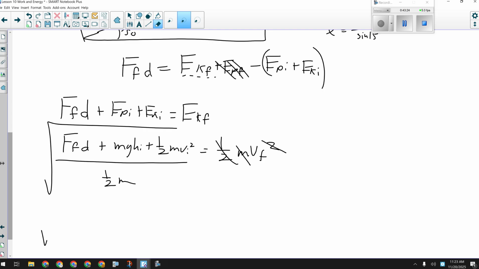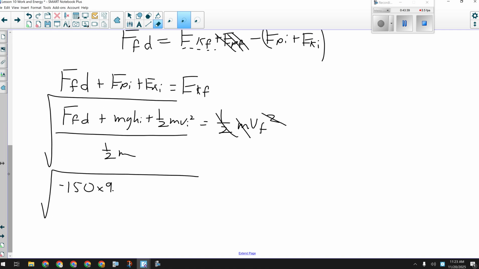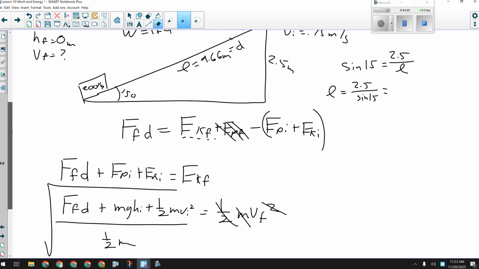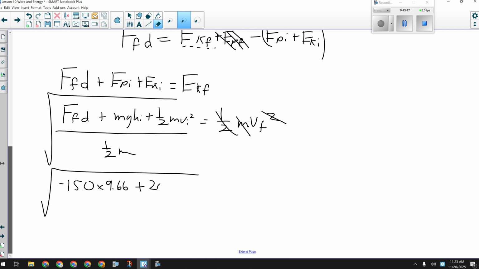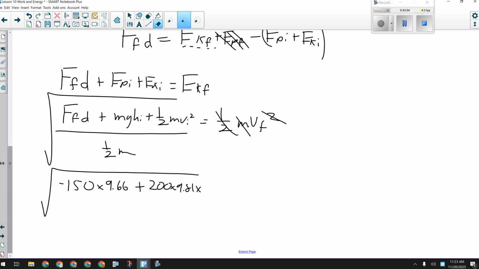Okay, so now I just need to plug in my numbers. All right, so the force of friction was 150 newtons. But we said that needs to be negative, because it's going to be doing work that takes energy away. All right, and I'm going to multiply that by the length of the ramp, which was 9.66, right? Then I'm going to add that to the mass of the crate, which was 200 kilograms, times 9.81 times 2.5 meters, right?